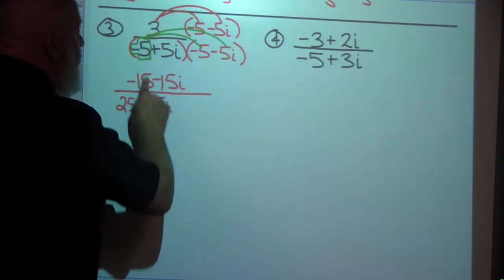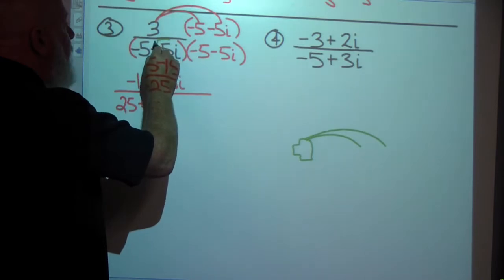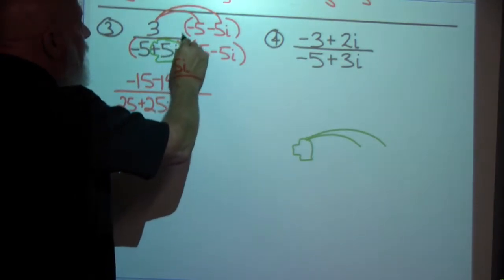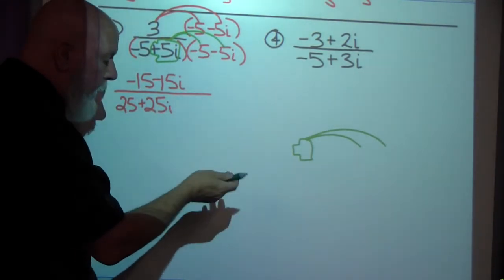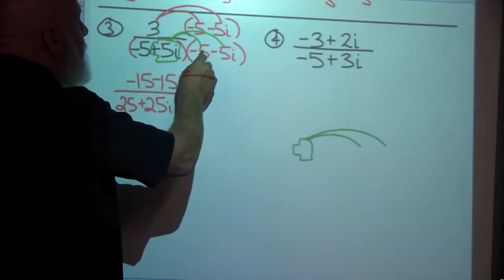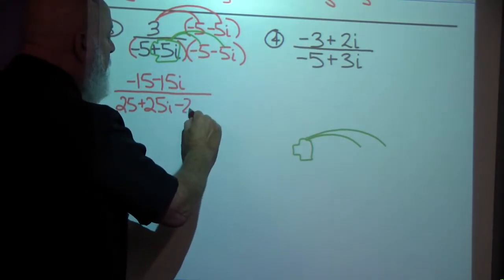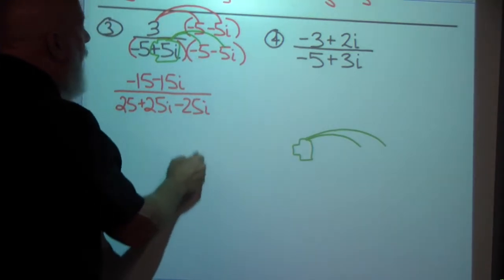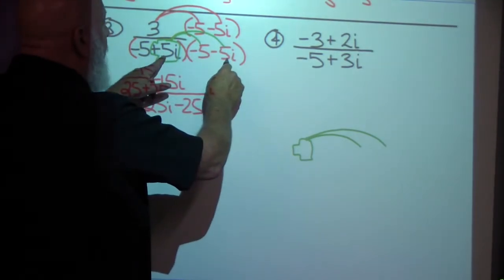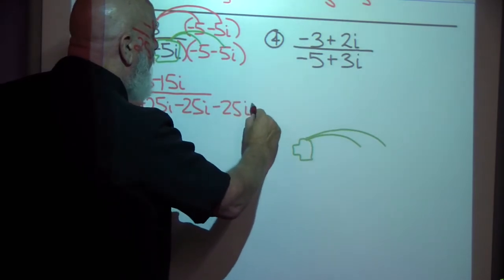And now I'm going to distribute this value to both of these using FOIL. F-O-I-L is how some people remember it. Negative 5 times negative 5I is negative 25I. And 5I times negative 5I is negative 25I squared.